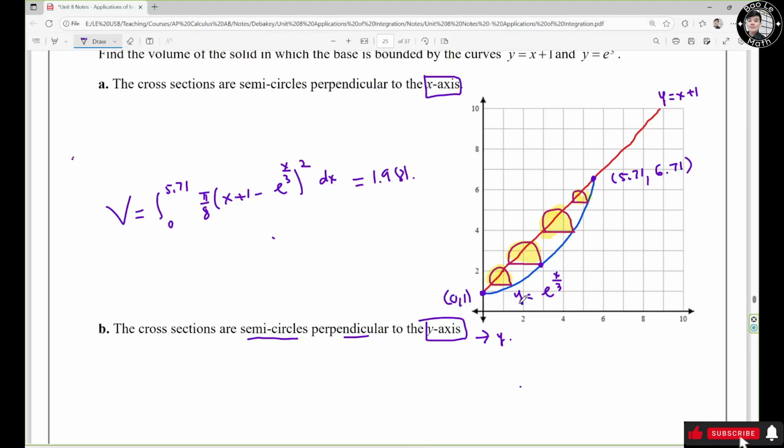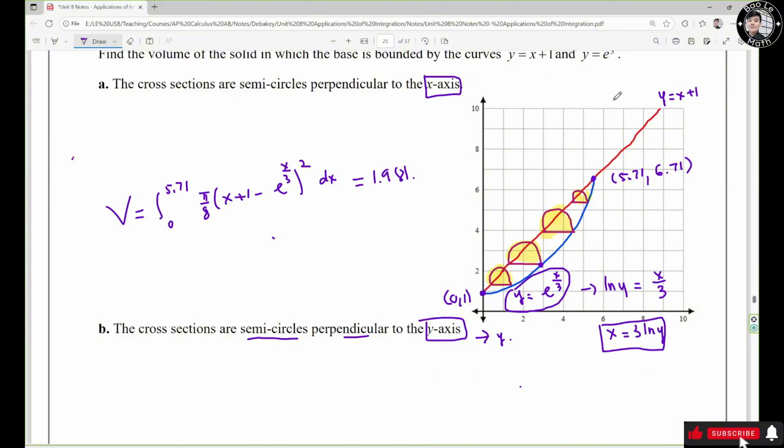The function y equals e to the s over 3. You need to rewrite this one in terms of y, so take the natural log of both sides. So ln y equals s over 3. Then I'm going to multiply both sides by 3. So s equals 3 times ln y.